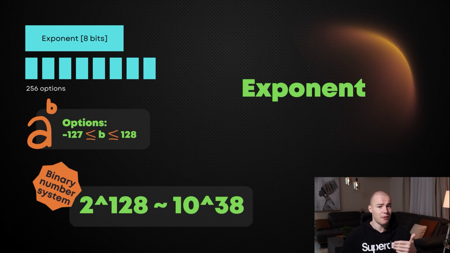And if you have enough spare time, you can calculate to see what is the value of 2 to the power of 128. And if you do that, you will see that it's basically equivalent to 10 to the power of 38. And that is what we expected. Yes, one more thing about exponents of floating point numbers.